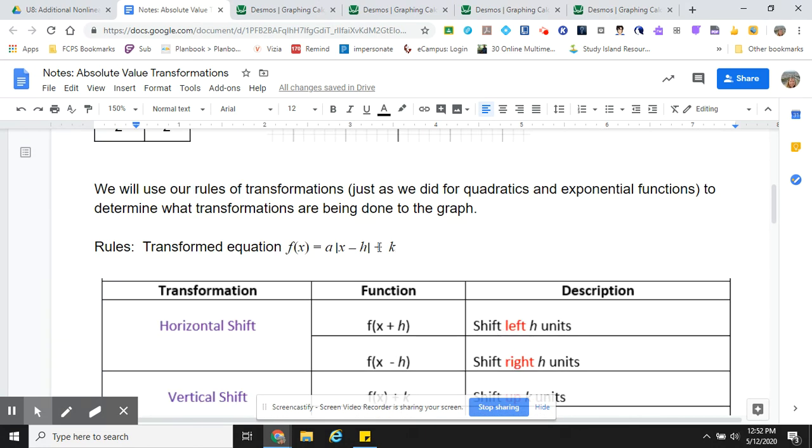Please also keep in mind that a and k are different and do different things to the graph, so just pay attention to that. Several of you, when we did this before, mixed up the a and the k just because they're both outside. Is it plus or minus the number, or is it times the a, meaning it's crunched right up against that bracket?